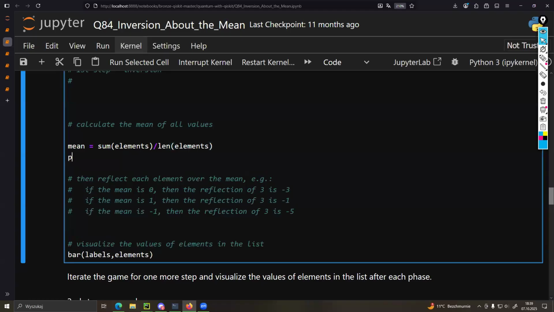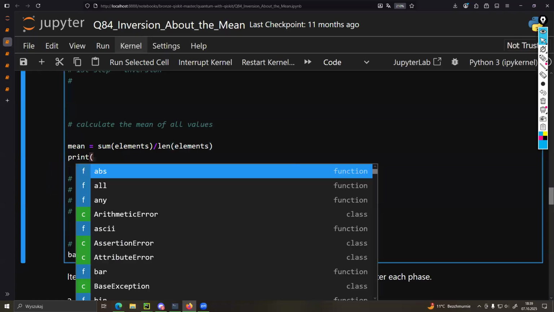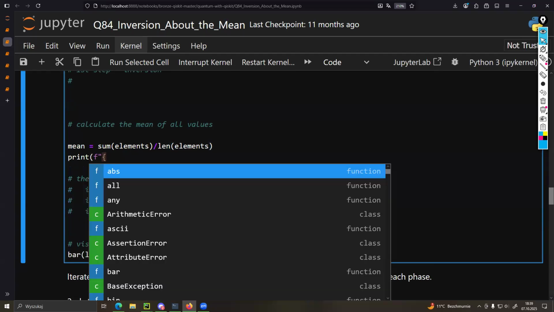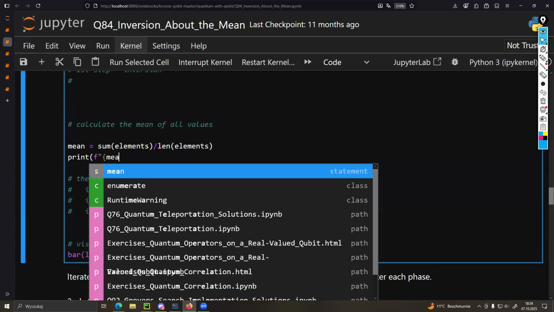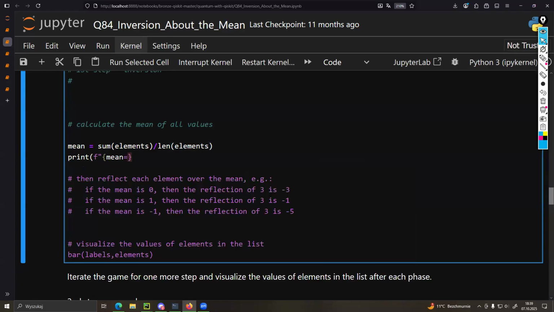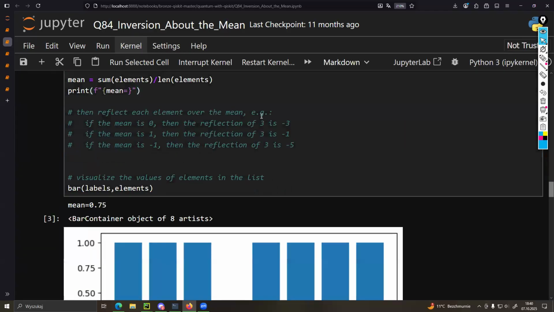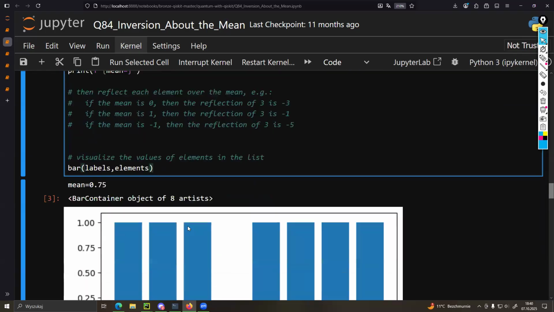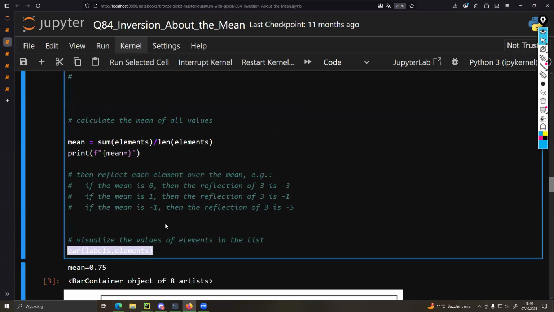We could also print this result as an f-string, open the curly braces, mean equals, close brace, close quote. Okay, so here I didn't change anything yet because we would like to reflect over this mean.